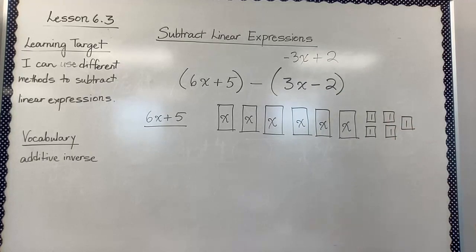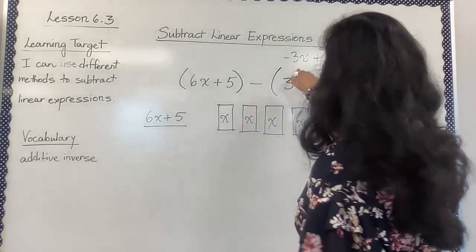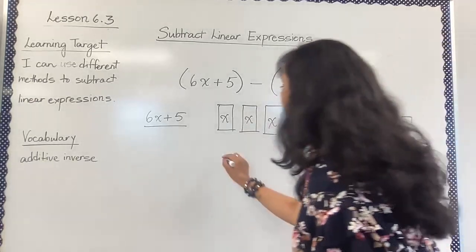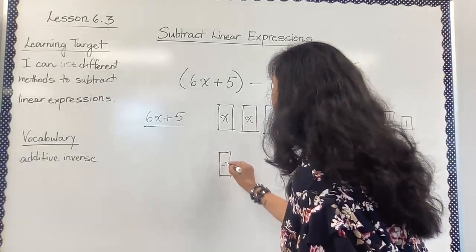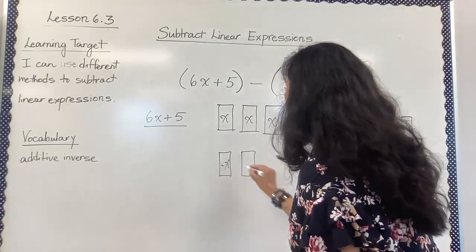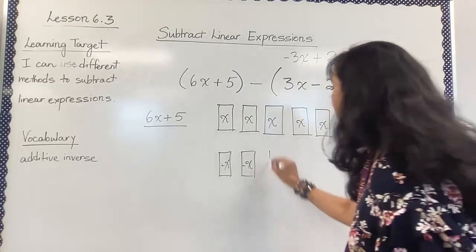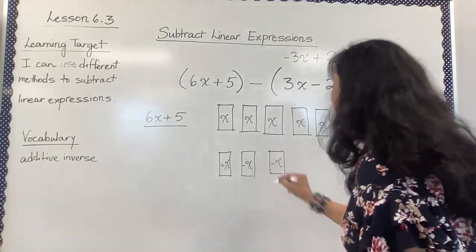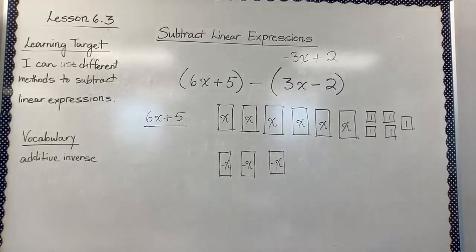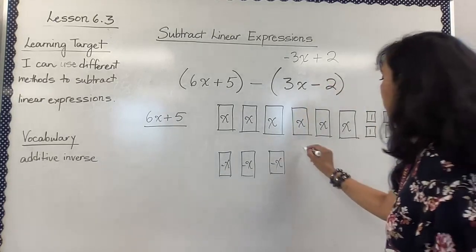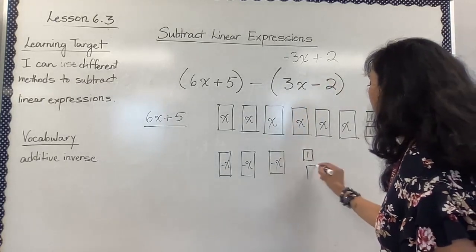So I take the additive inverse: I have three negative x's, and I have plus 2. So 1 and 2.